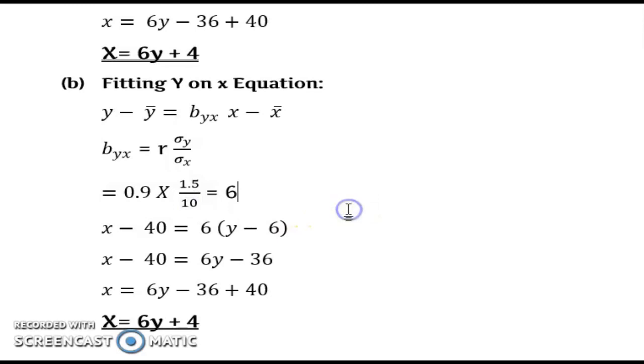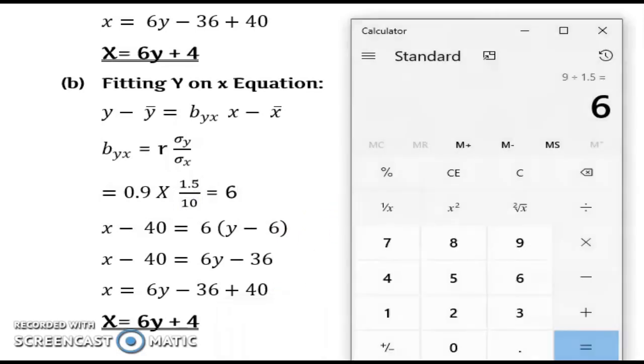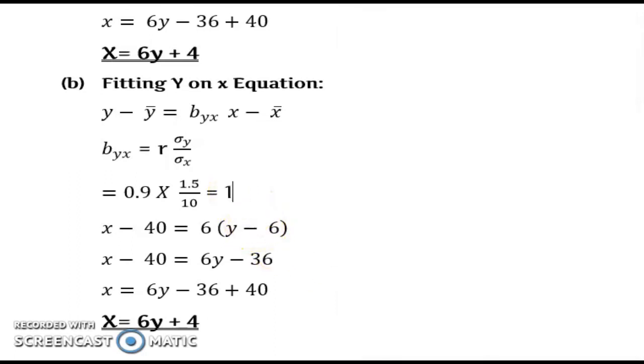So small changes here. 0.9 into 1.5, which is equal to 1.35 divided by 10, which is equal to 0.135. So this is our b of yx value, 0.135.